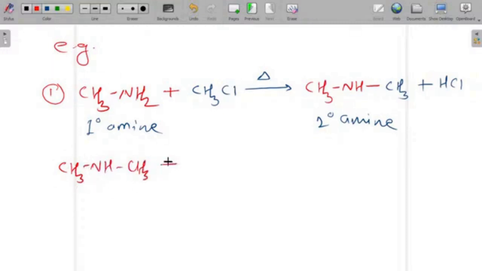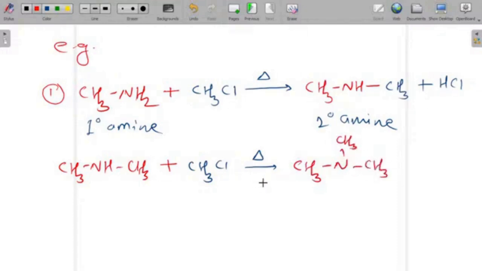This secondary amine on again reaction with methyl chloride, on heating, what is the product now? This CH3N(CH3)CH3, means it is a tertiary amine. What is the byproduct? Again it is hydrogen chloride.